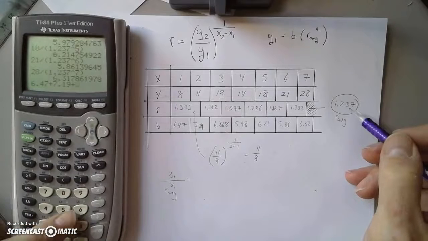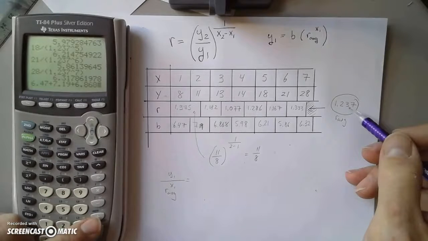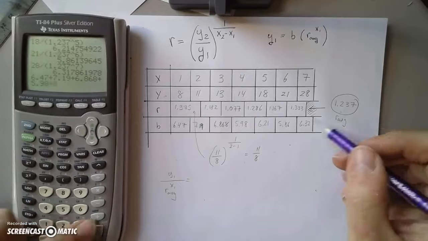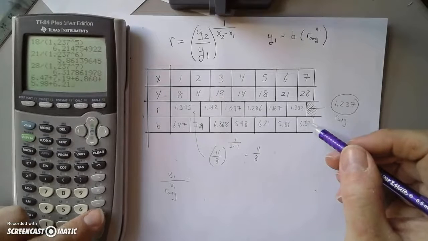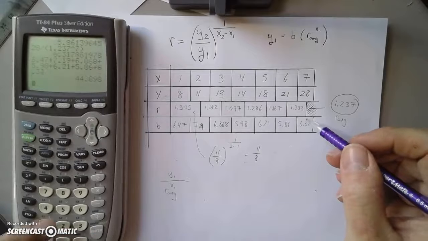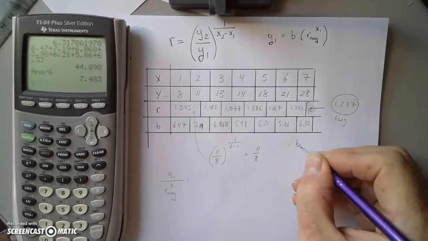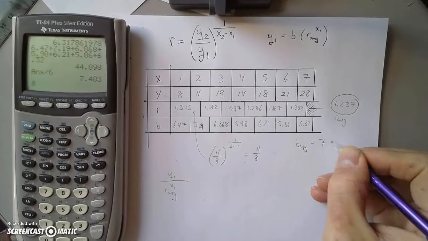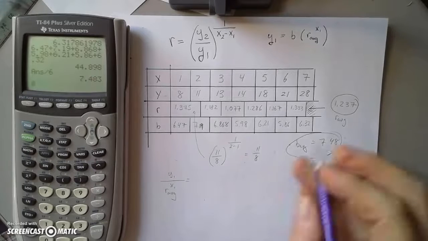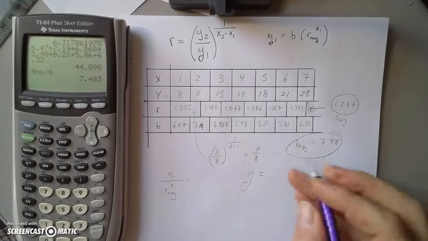Now, one of the expectations is that you are able to do this efficiently. So on an exam, some people might be a little faster than others, but the expectation is that you can do this efficiently. Find B average, 7.48. So now I have an equation to describe this data.